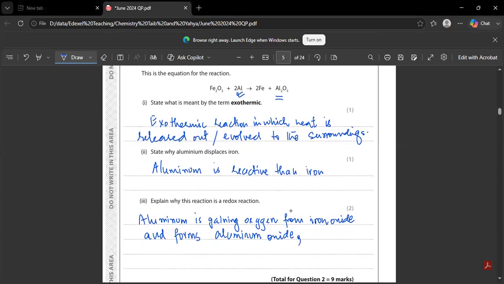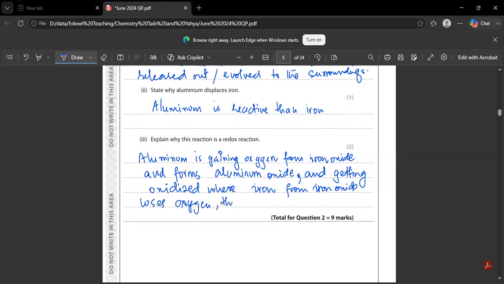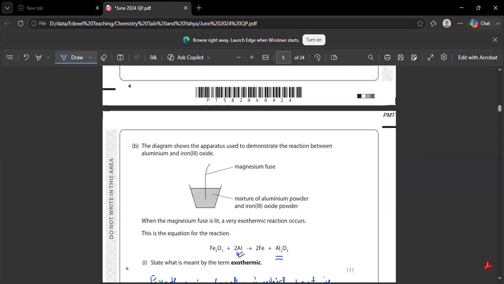So we have to write it this way: aluminium is gaining oxygen from iron oxide and forms aluminium oxide and is getting oxidized, whereas iron from iron oxide loses oxygen, thus iron is getting reduced. Okay, right?